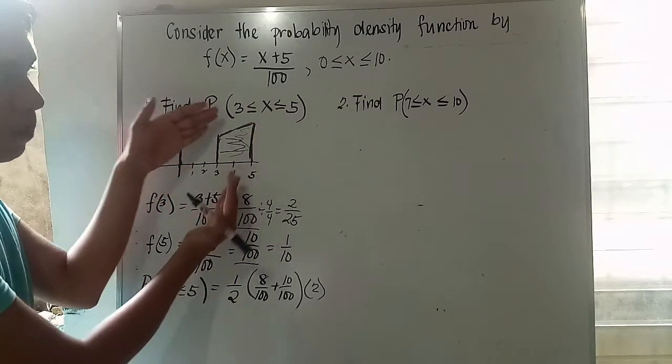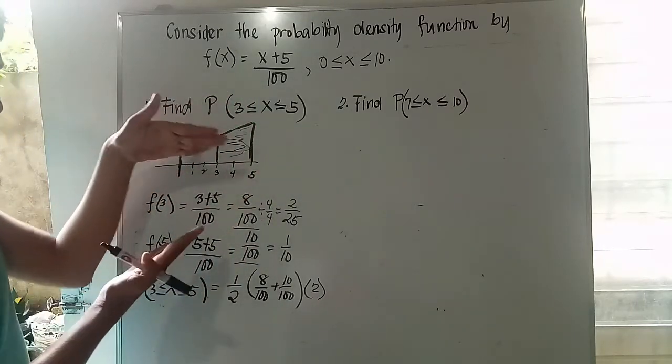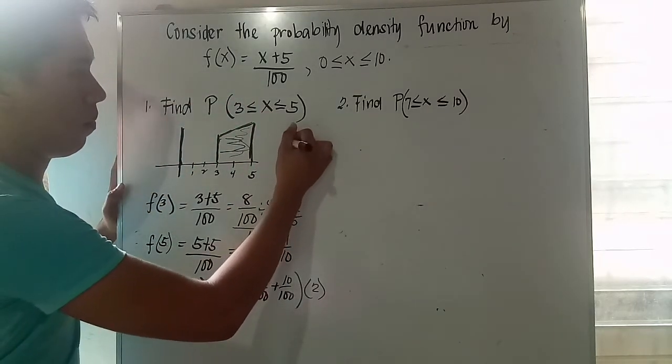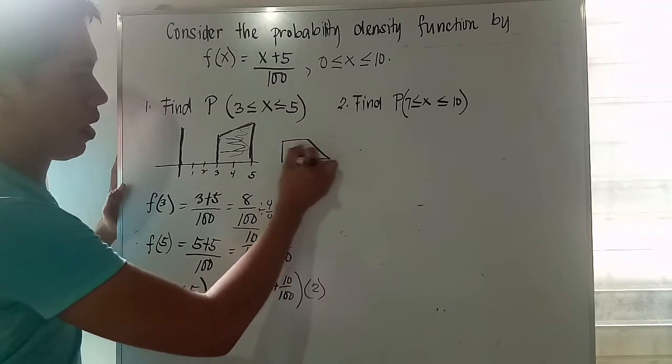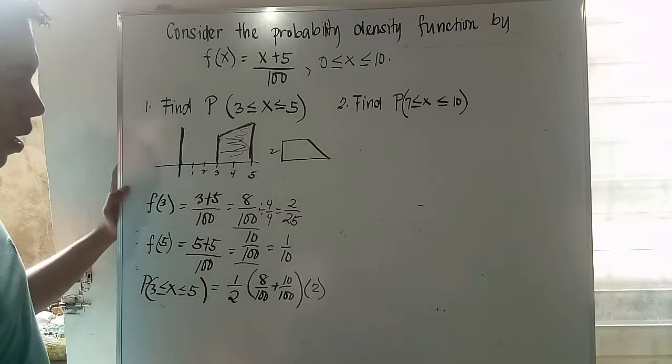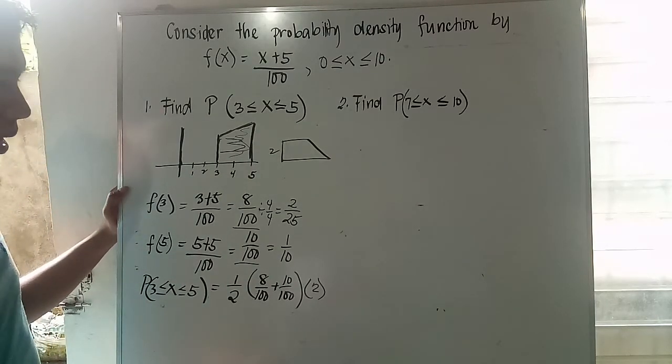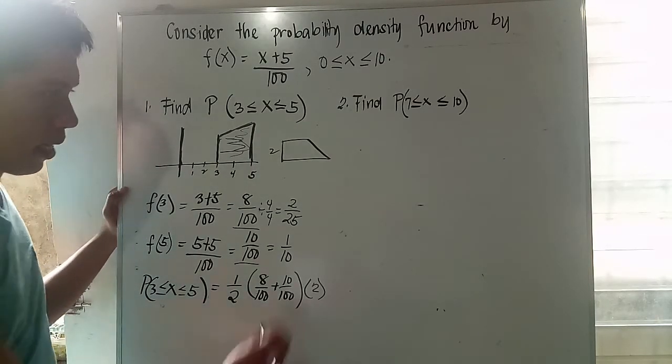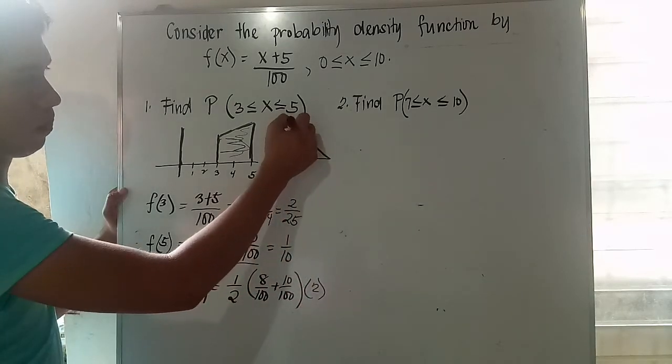If we flip this graph, this is how it looks. The height is 2 units, and the other two sides are 2 over 25 and 1 over 10.